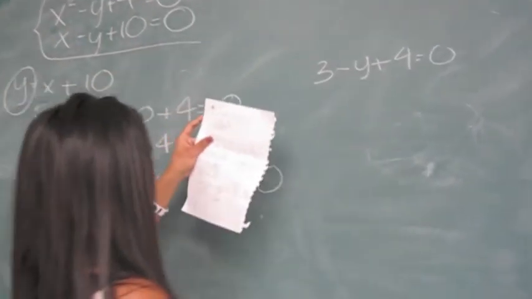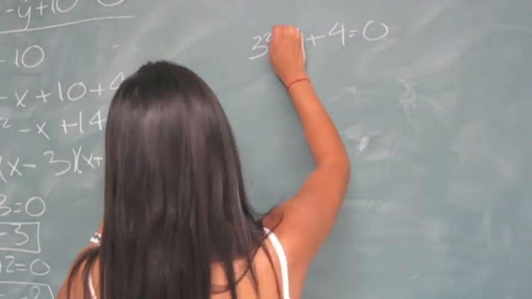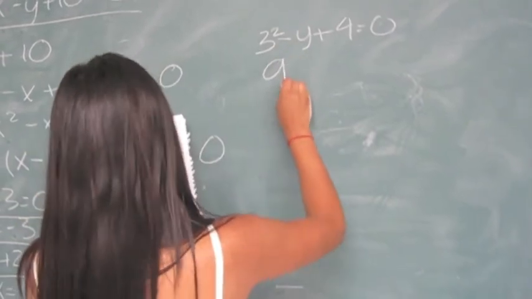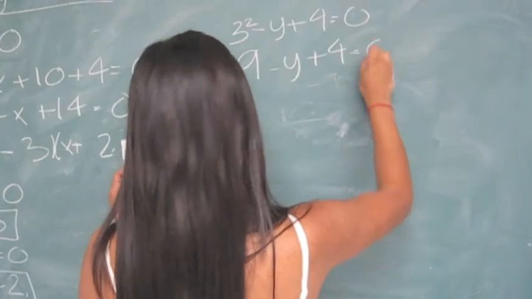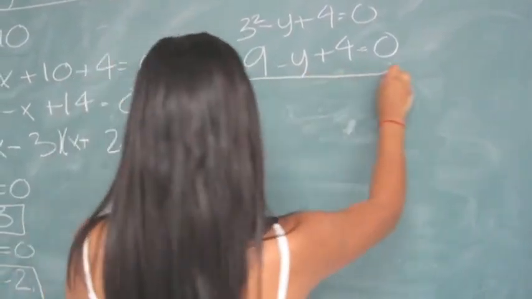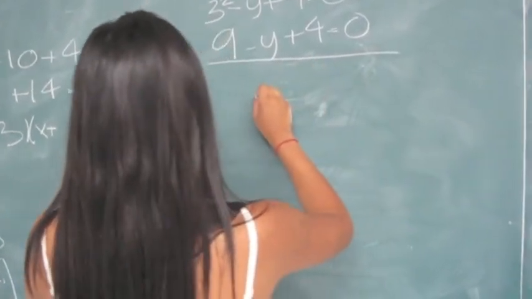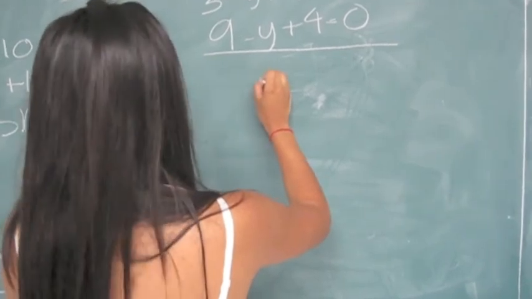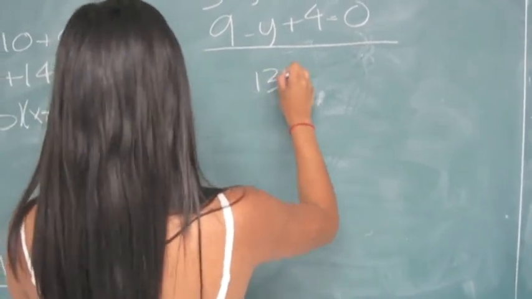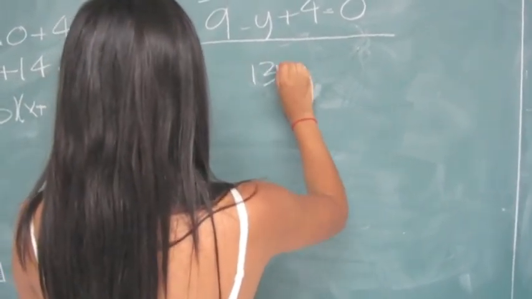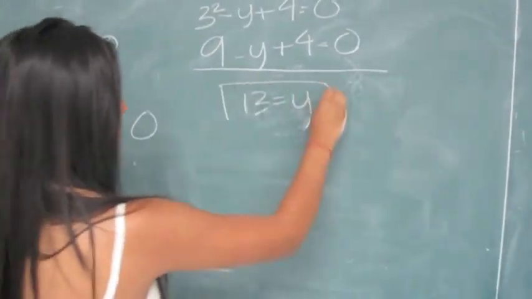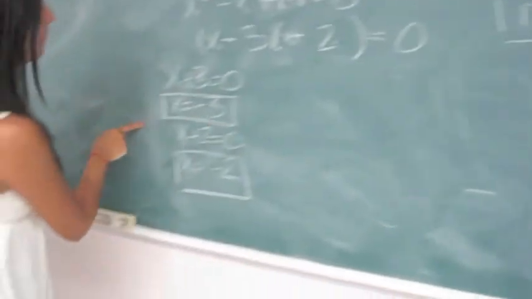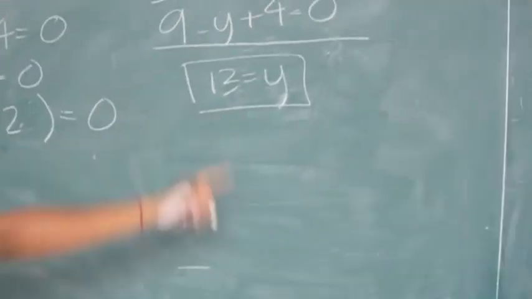And it will give you minus y plus 4 equals 0. And it would give you 13 equals y after doing this with inverse operations. So here's your x, and here are your y's. And the variables are solved.